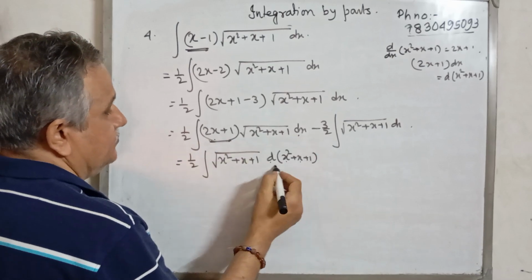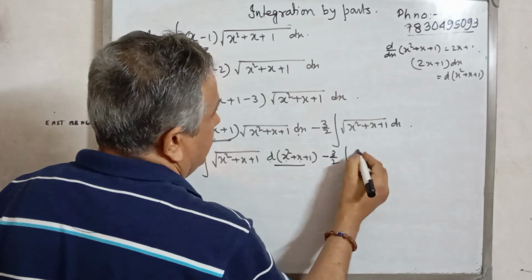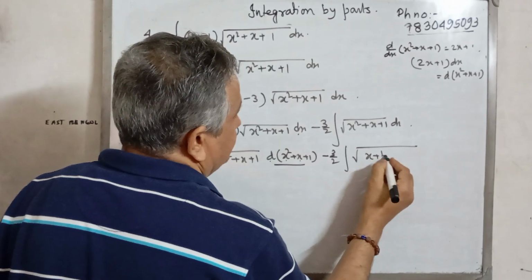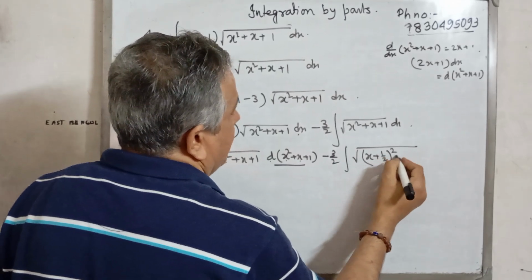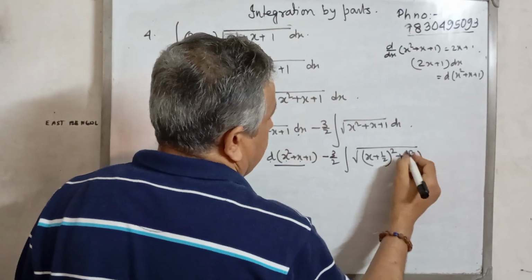And this is by whole square form. We can write x plus half whole square plus root 3 by 2 whole square.